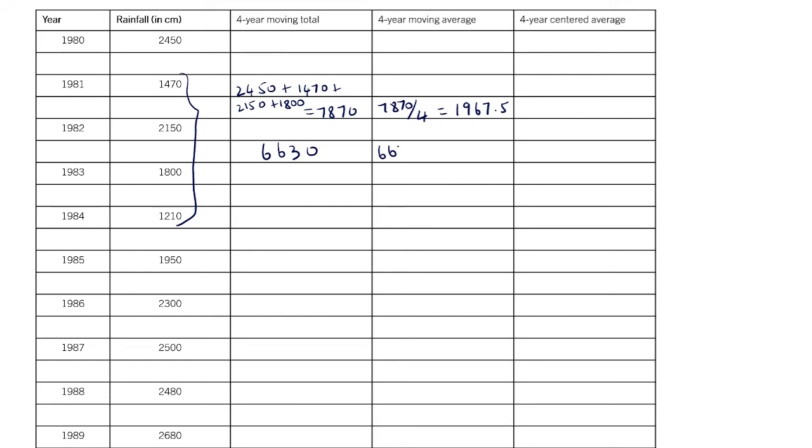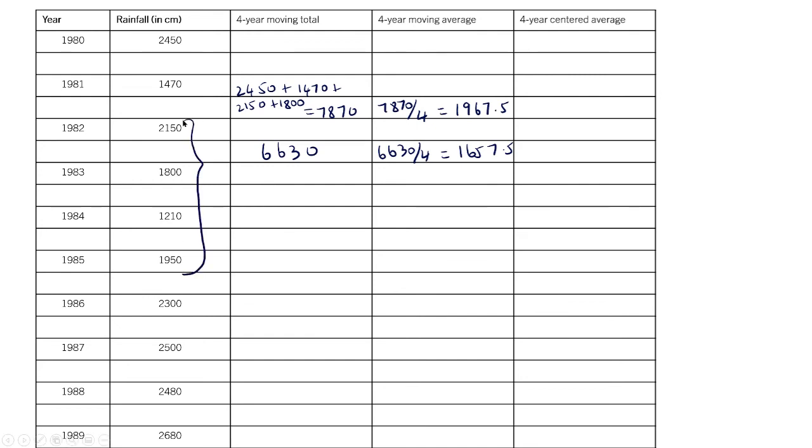And the 4-year moving average will be 6630 upon 4. So it is equal to 1657.5. And then moving on to the next 4-year moving total. So to find the next 4-year moving total, we have to add these 4.